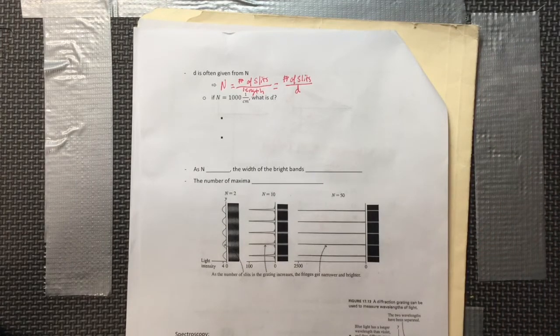Let's say that we have n equals 1,000 slits per centimeter. What is the distance between the slits? We can remember that each of the slits is approximated to be about the same size, about 1/10 of a millimeter, I believe. That's not what we're asking; we're asking how far apart they are.